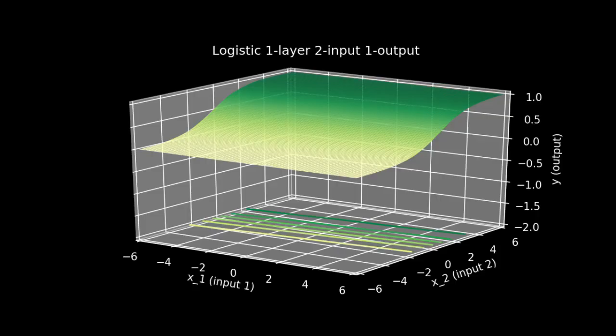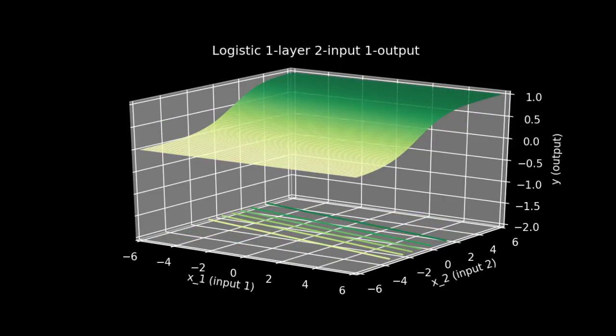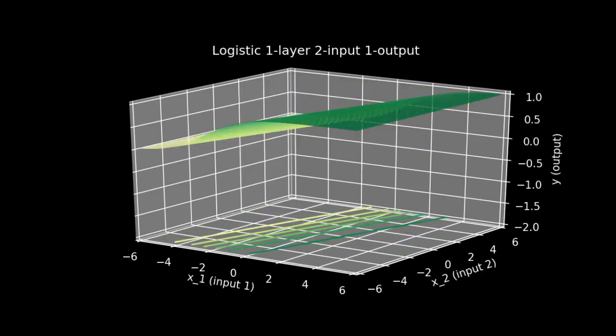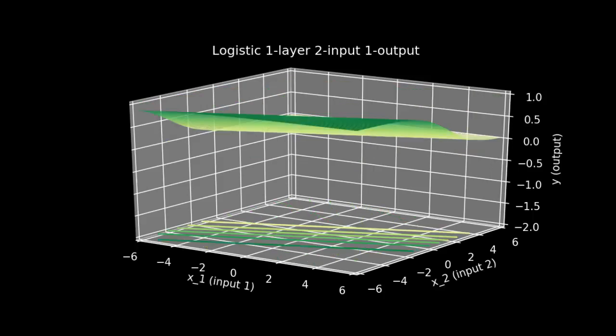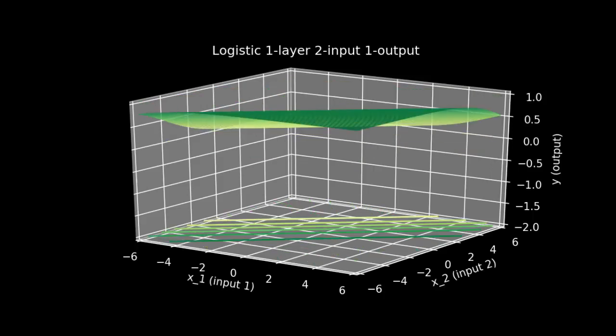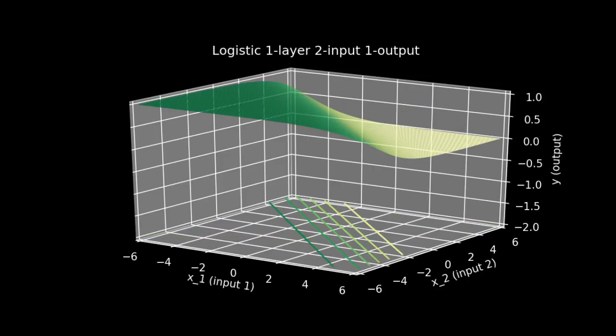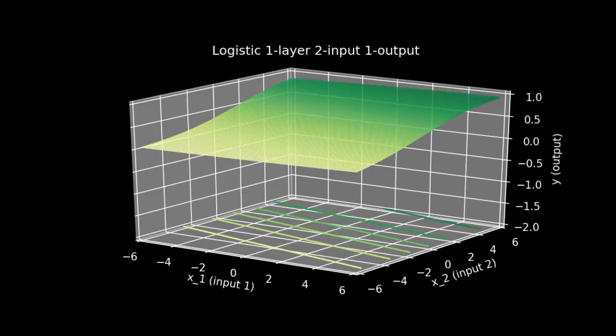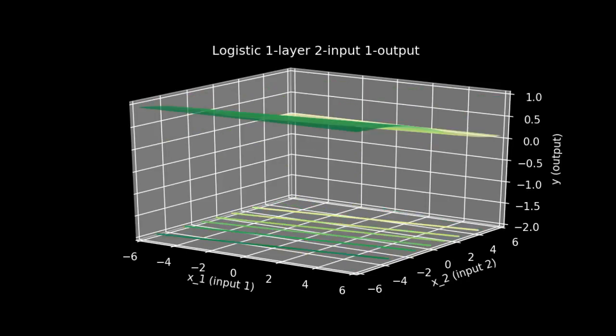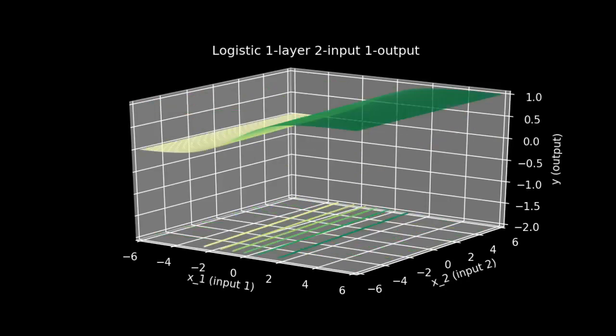As you might have expected, the functions we create are still S-shaped, but now they're three-dimensional. They look like a tablecloth laid across two tables of unequal height. More importantly, if you look at the contour lines projected down onto the floor of the plot, you can see that they are all perfectly straight.